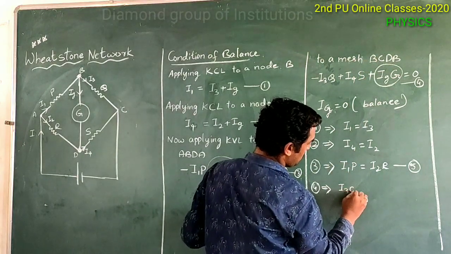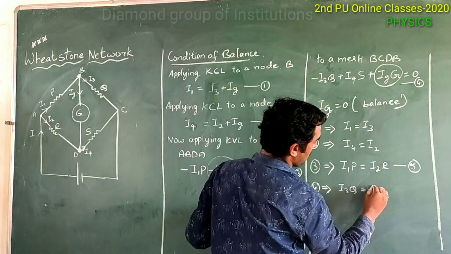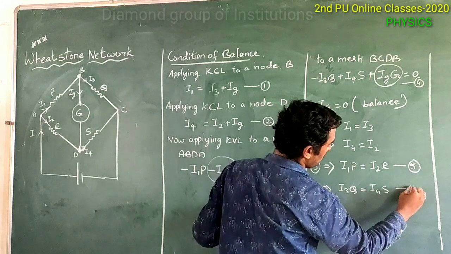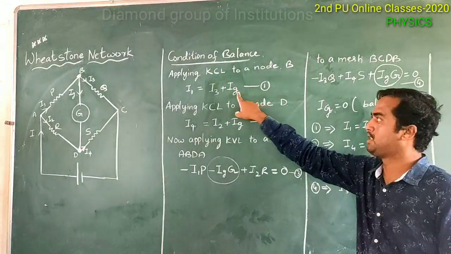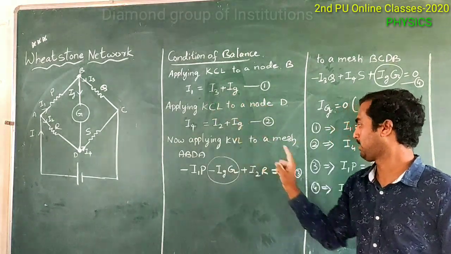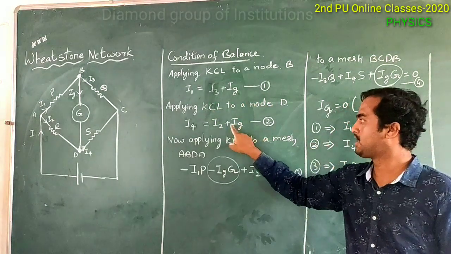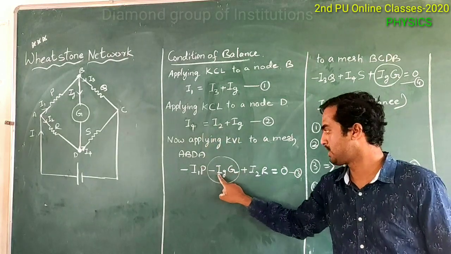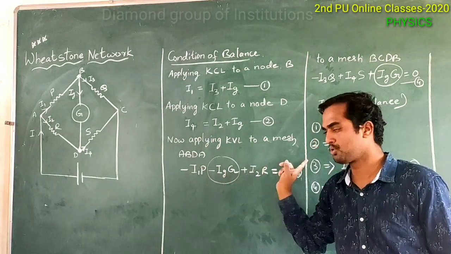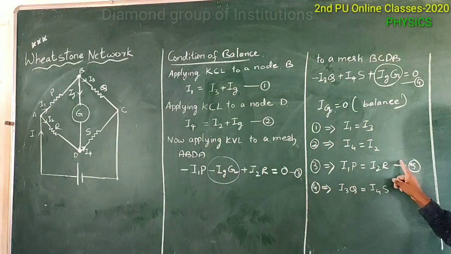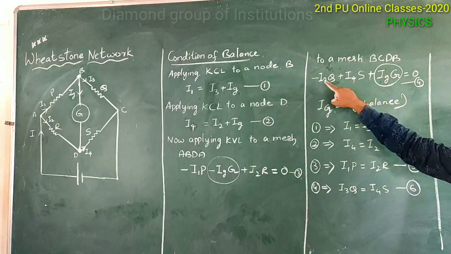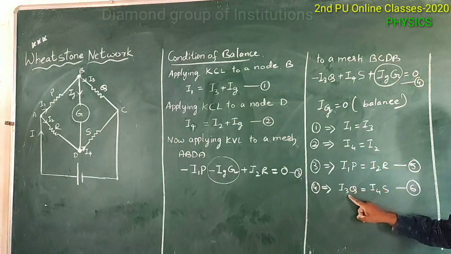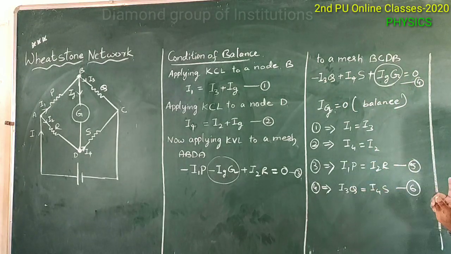So I3Q becomes I4S. See once again, Ig is 0, I1 becomes I3, I4 becomes I2, so the minus term goes to this side, so I1P equal to I2R, and here the term becomes 0, this minus goes to this side, it becomes positive, I3Q equal to I4S.